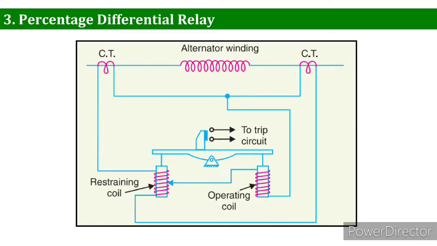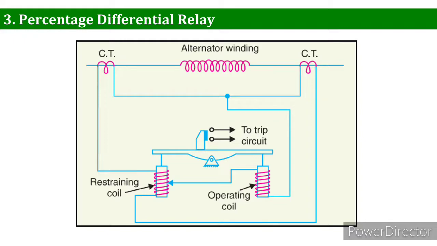If we talk about its operation, the percentage differential relay is basically designed to respond to differential current in terms of its fractional relation to the current flowing through the protected section.